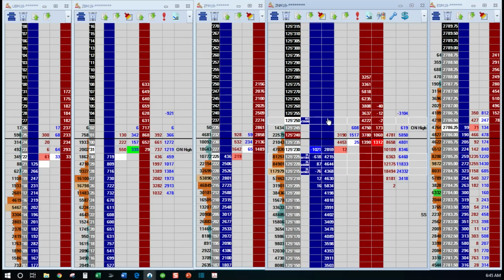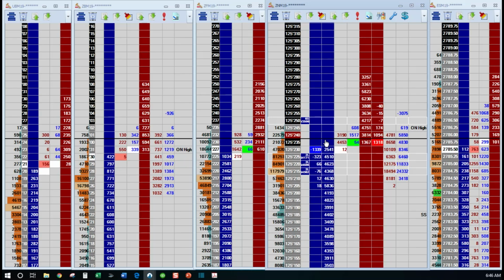If we can't get at least one more tick out of this as the ES pushes into the highs, then we might be in trouble here. Son of a bitch.